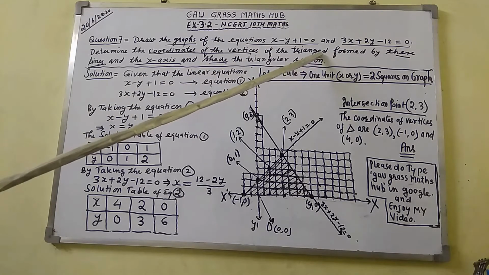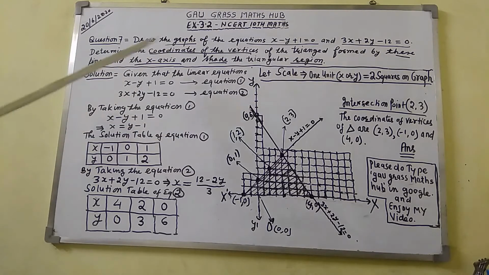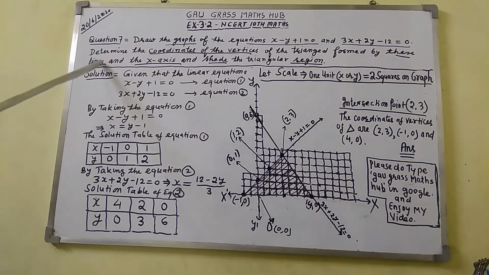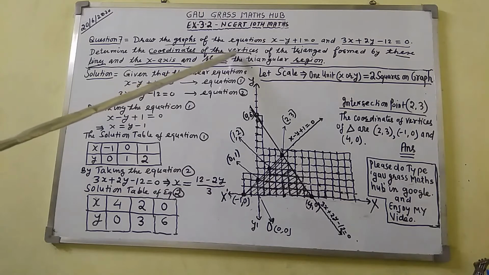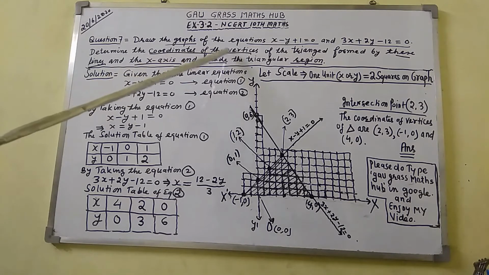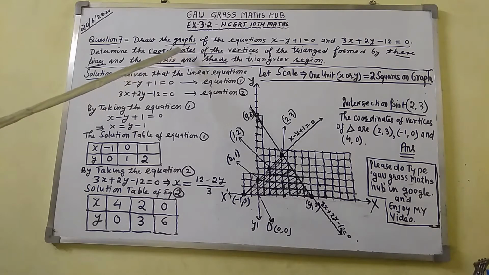And a triangle is formed by these two linear equations, these straight lines, and the x-axis. You have to show the vertices of that triangle and determine the coordinates accordingly.